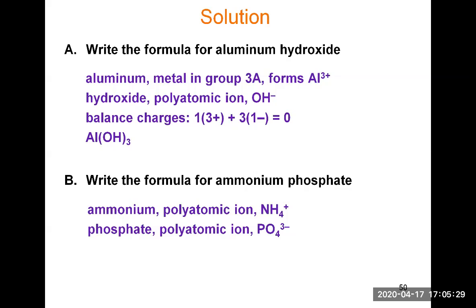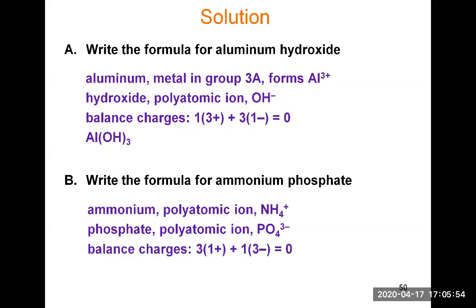So it's only the 1 that will be a subscript for the phosphate. Then the 3 negative charges from the phosphate, you take the 3 and you make it a subscript for ammonium. And so PO4 stays complete with the 4, because the 4 here means 4 oxygens for 1 phosphorus.